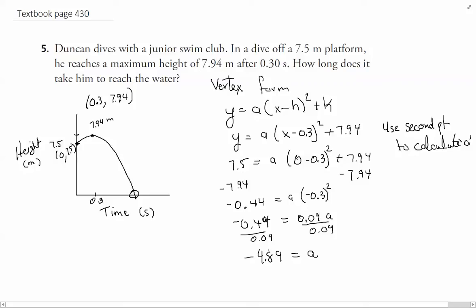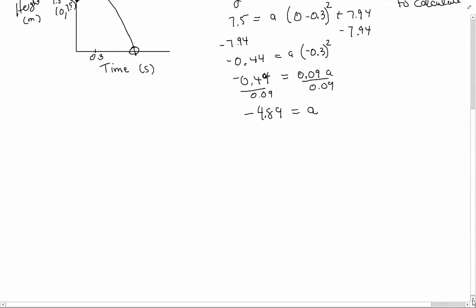Okay, now that we have our equation, we need to find our zeros. y is equal to negative 4.89 times (x minus 0.3) squared plus 7.94.